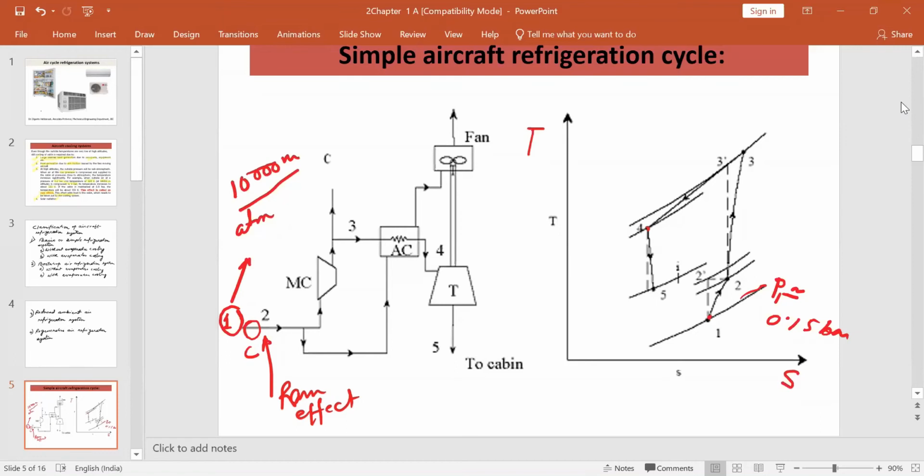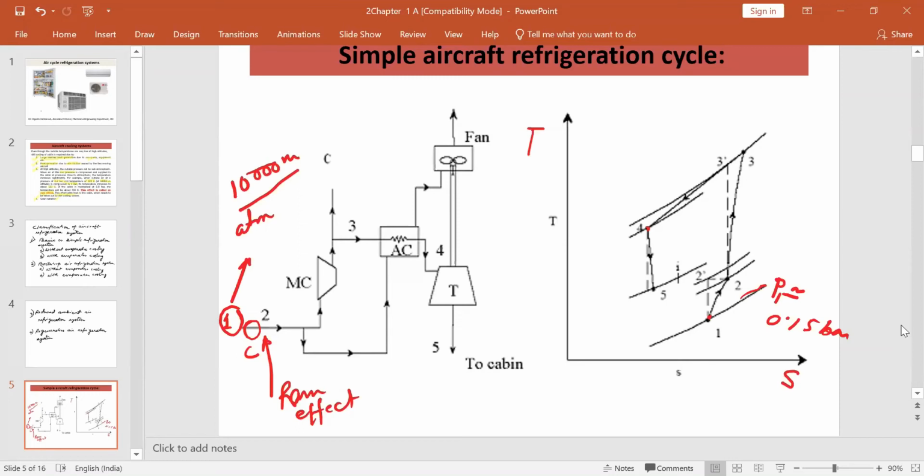If there is 100% efficiency, then after passing through this compressor, this is the ramming effect, we will move to 2'. But if there is some efficiency, that means there is a loss. If we consider there is a loss, then it will move to 2.